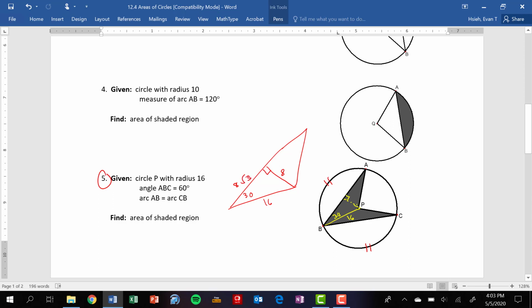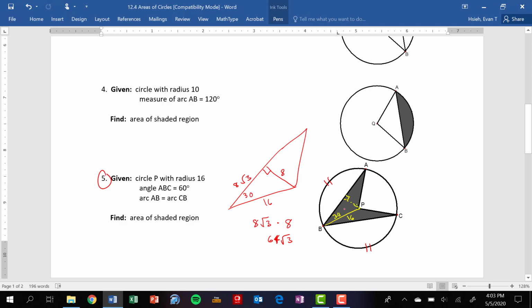And so we can find the area of this triangle: 8 root 3 times 2, but divided by 2, times the height, which is 8, or 64 root 3, excuse me. And then that's going to give you the area of one of these triangles.